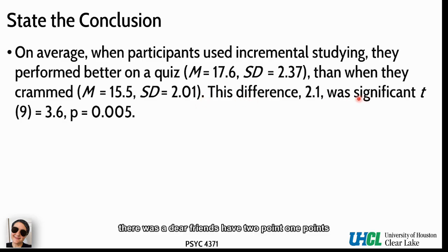There was a difference of 2.1 points on the quizzes, right? And that was significant with t of 9 degrees of freedom. There's your degrees of freedom right there. The t was equal to 3.6. And your p was equal to 0.0005, which is less than 0.05, which is why you decided to reject the null.